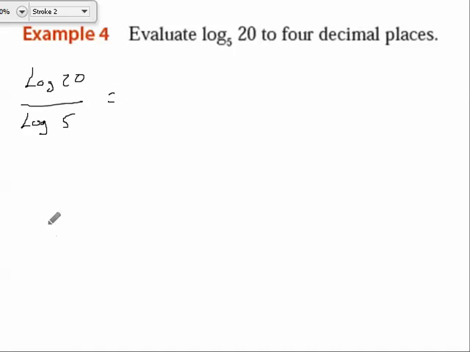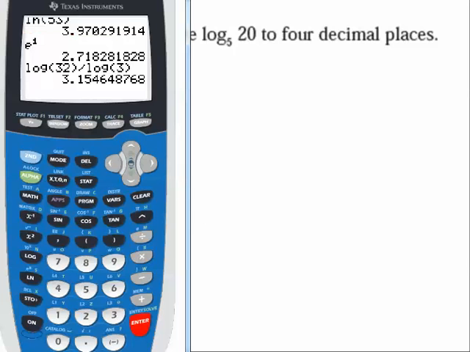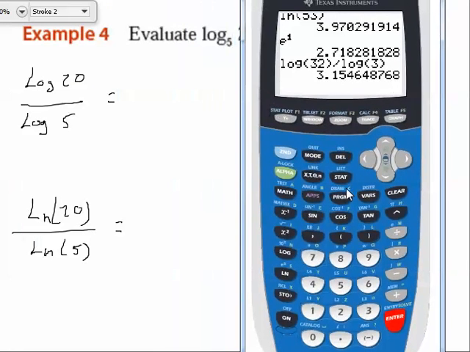I want to compare that value to the natural log of 20 divided by the natural log of 5, and see what value we get there. So first of all, log 20 divided by log 5.